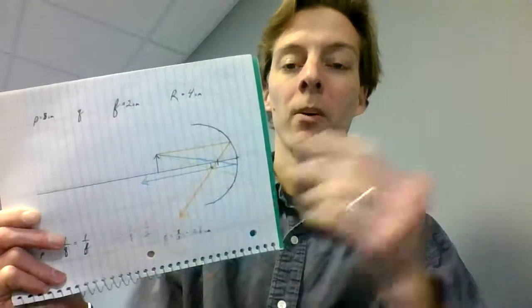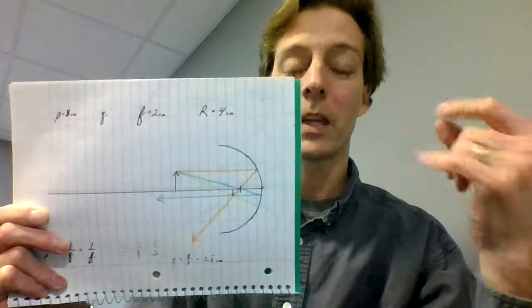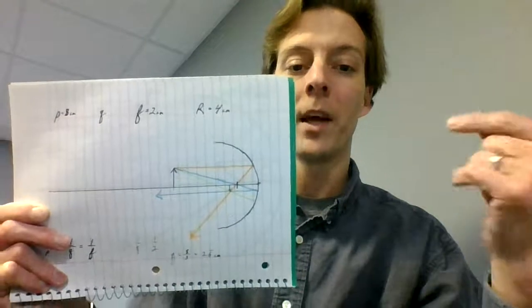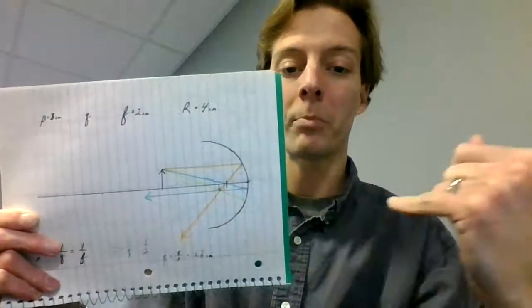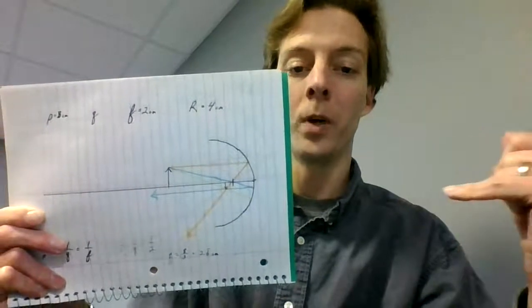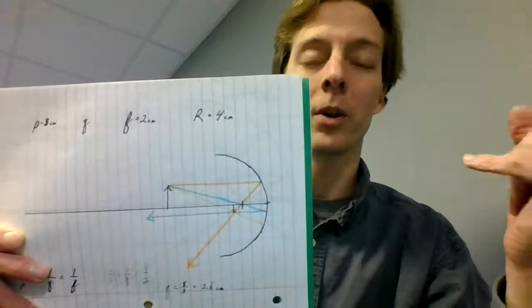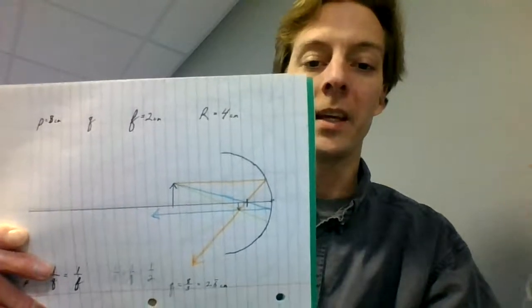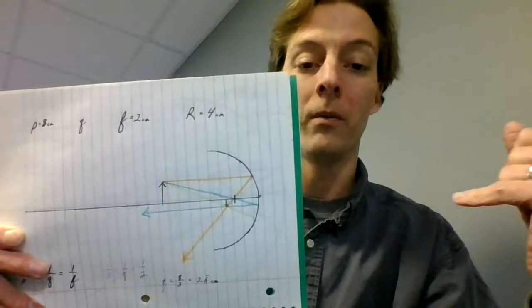First line, orange line, parallel focus. Second line is the blue line. If I start at the object and go through the focus, I'm going to reflect back parallel. So the blue line, blue highlighted, is the second line, focus parallel. Any line that leaves the object, goes through the focus, goes off parallel.